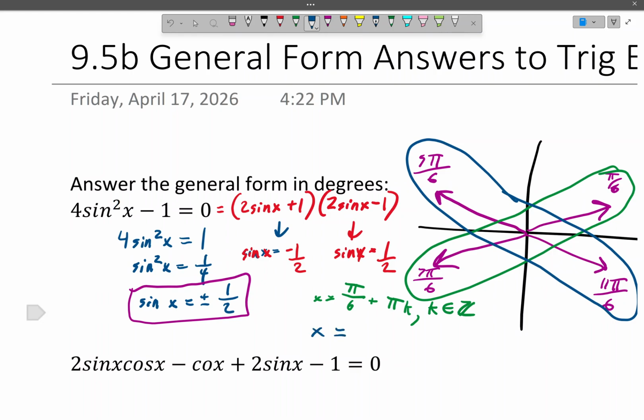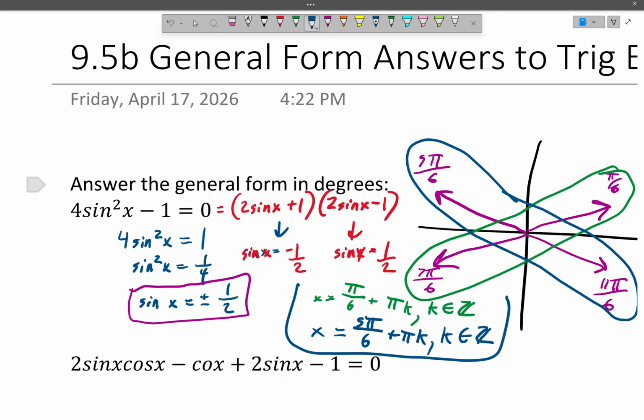The other part I circled is 5 pi over 6 plus pi k, again because it's 180 instead of 2 pi, it's just pi, where k is an integer. And so this is our final answer for this question.